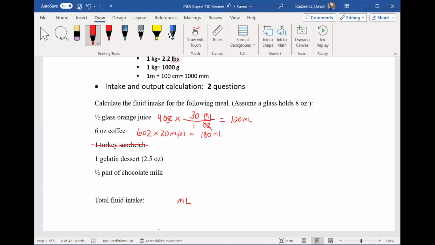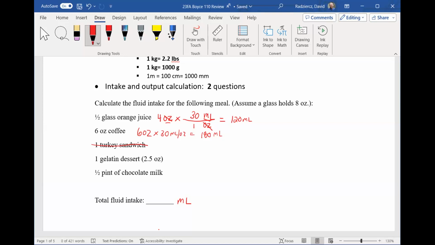But if not, you want to confirm with your instructor what are some potential things that could show up that we might think is a liquid but is not, and they might tell you things like gel, pudding, custard, or ice cream. How would you think about that?